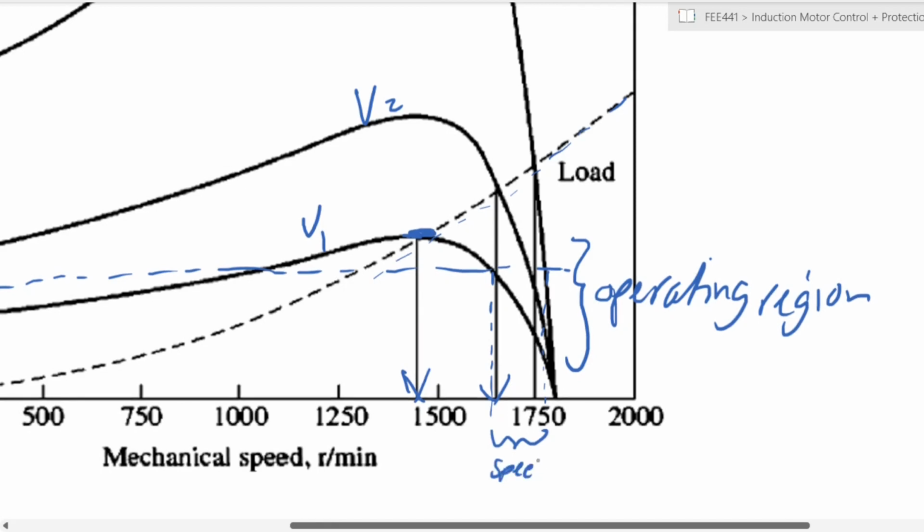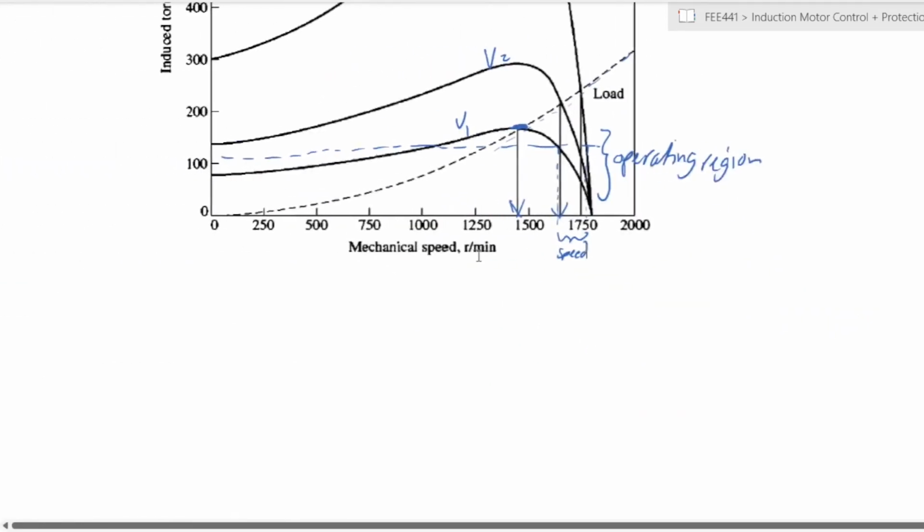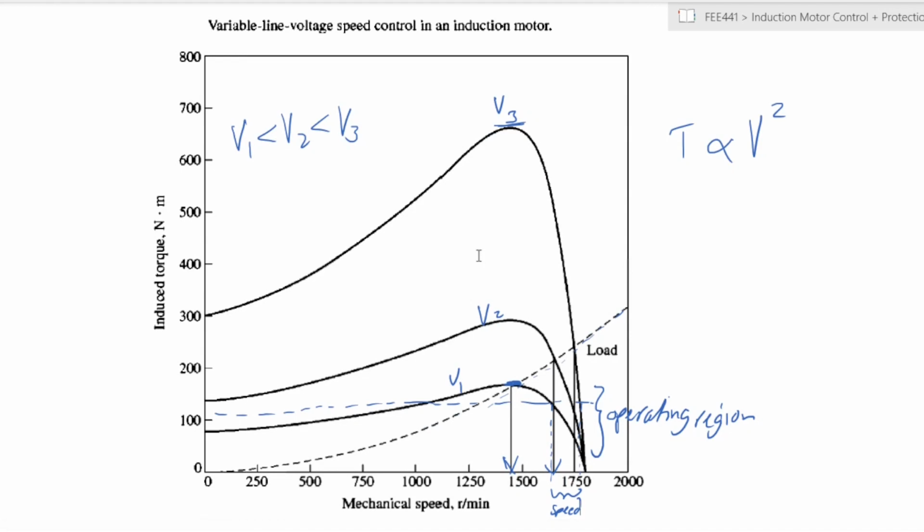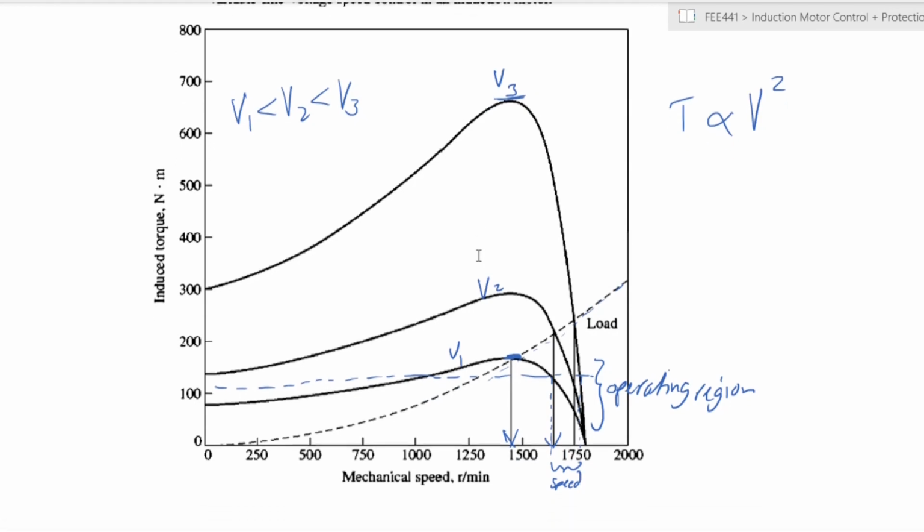So the speed that you can actually have will be very limited if you are just changing slip. Okay, so that is changing the voltage that is applied to control the speed. We can see that's a very limited speed control.